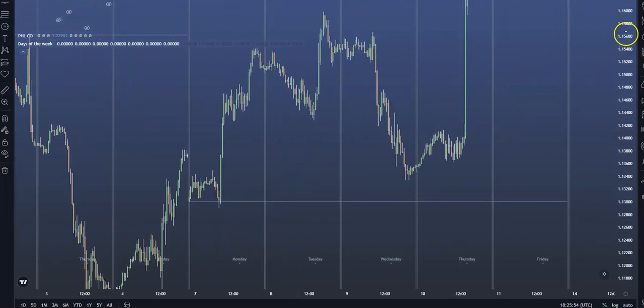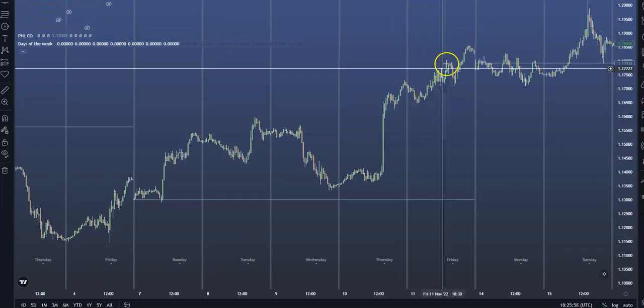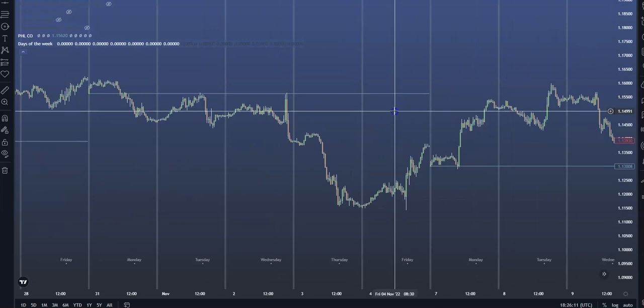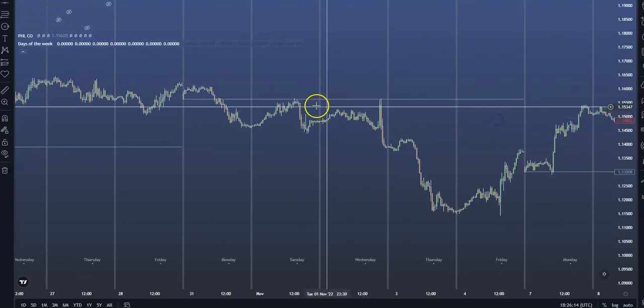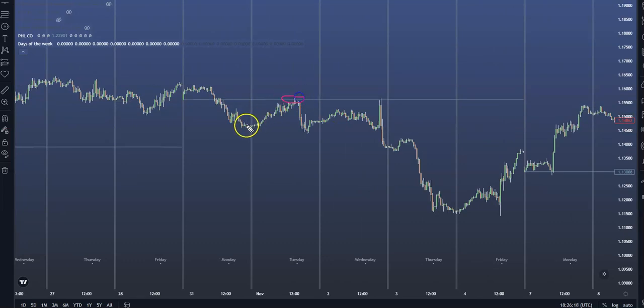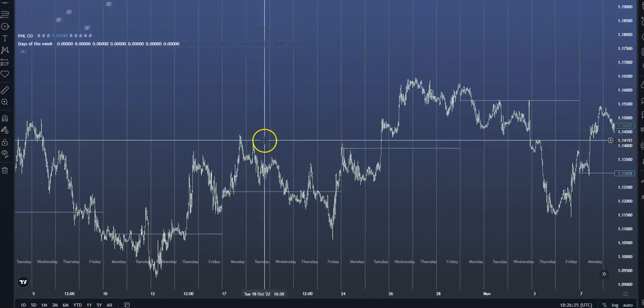So we can see here, this is actually one that fails, okay? But the further we get away, you can develop metrics for this. The further we get away, the less likely we're actually going to come back. But then again, you have to remember, the stats say that it happens 83% of the time. Here is another example, okay? We can see here that it's actually acting as an area of resistance, but when Monday opens up, let's just say you're trading the Asian session, and here is an area of support, okay?